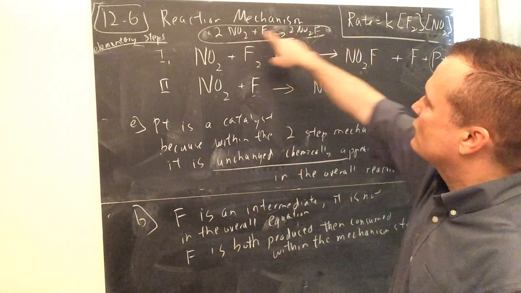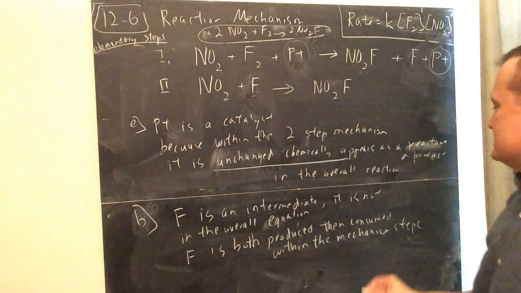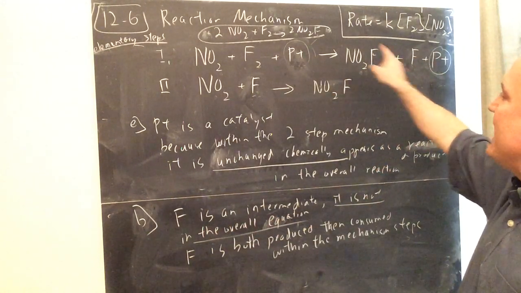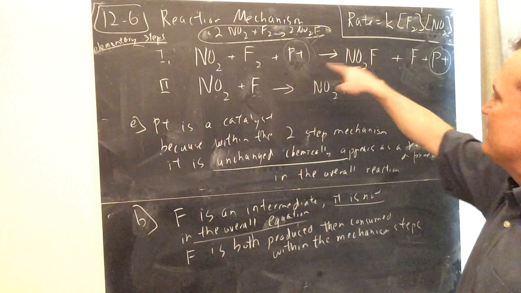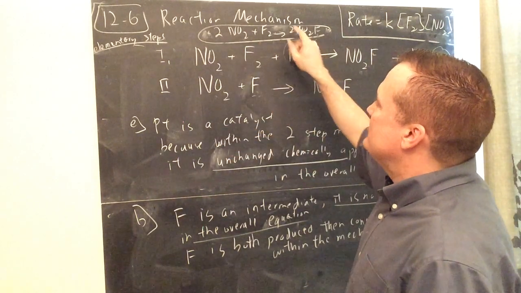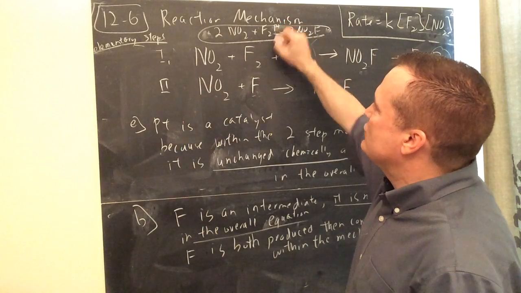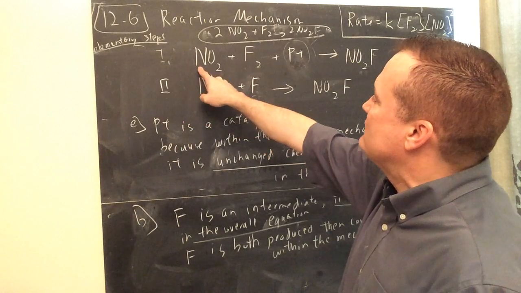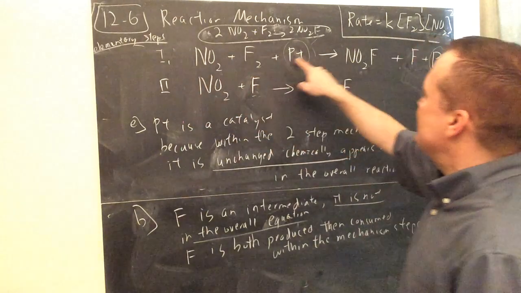It is not in the overall reaction. So it is good to say it's not in the overall reaction, but it's both produced and consumed within the elementary steps. The platinum, on the other hand, even though we didn't write it up here, you can put it above the arrow if you want, but it goes in originally in the very first step, and then it came out.